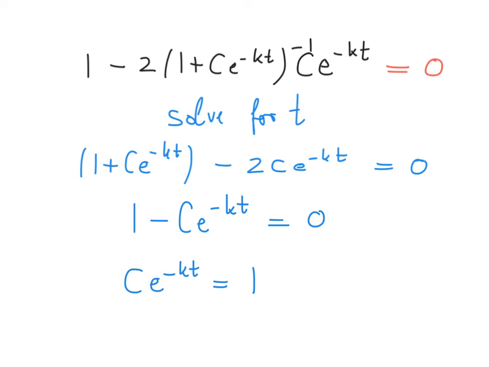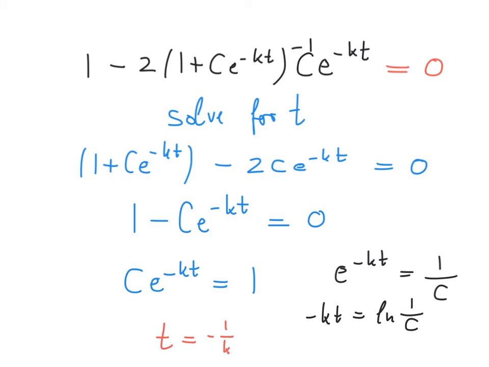So we would have that e to the minus KT is equal to 1 over C, and hence minus KT is equal to ln 1 over C. And then finally, this gives us t is equal to minus 1 over K times ln 1 over C.